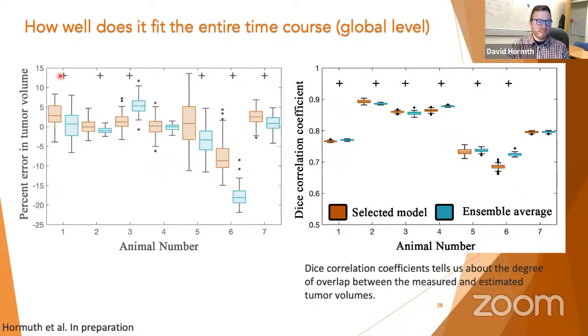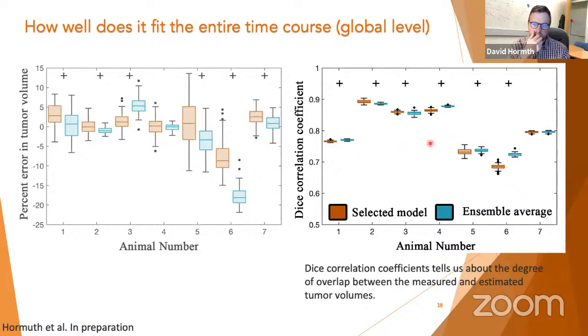We see that there are significant differences between the selected and the ensemble average for all but 1 animal, animal 4, and that the median error is between ±5 for most of these animals, with the exception of animal 6. But I would say, qualitatively, the ensemble average is not that different from the selected model, and that there are some cases where it actually has reduced error compared to the selected model.